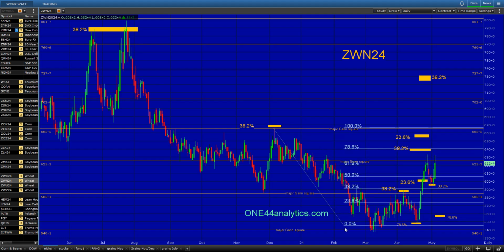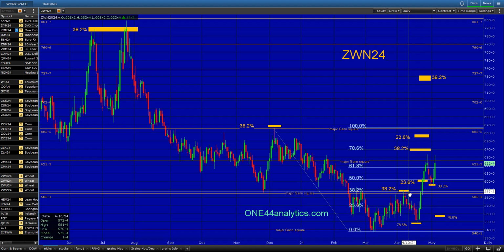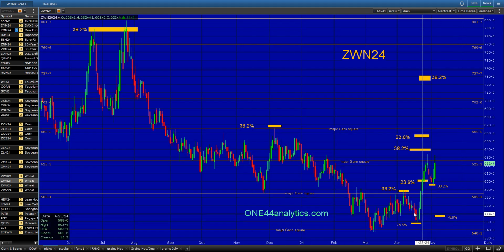Then we take this high down, and you can see that this rally hit 38%, keeping this whole trend very negative. Now again, in reverse, we said if this thing can't make a new low coming off of 38%, it's telling you something's changing.